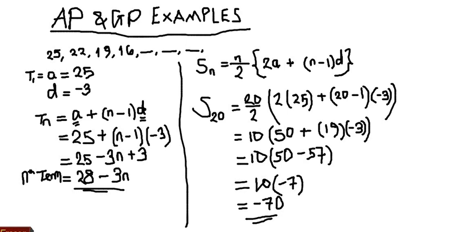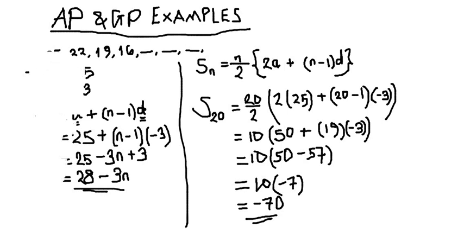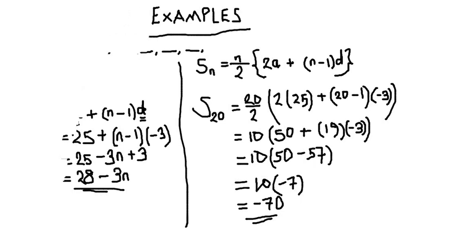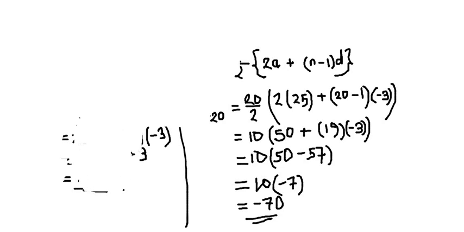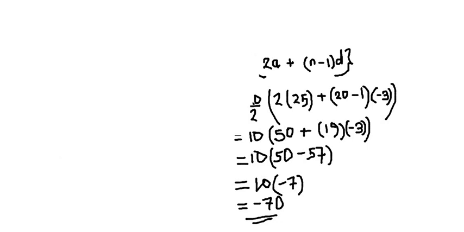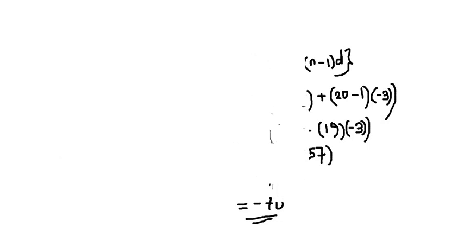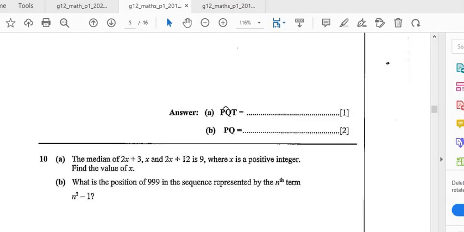Now, in this question, we have not been told whether it's an arithmetic progression or a geometric progression, and we do not have the terms of the sequence listed, except one particular term which is appearing.